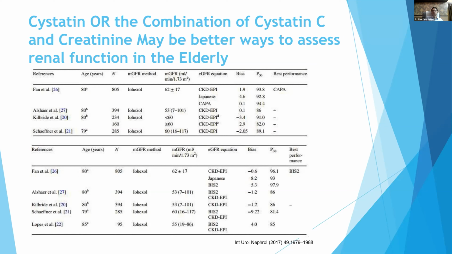So if you can combine the cystatin with the creatinine, probably that will give a better way to assess the renal function in elderly. And already the urine omics has been described. Those are the recent ones which can be thought about. But what is most important is, if you really combine these two parameters, probably you'll be in a better shape to assess the renal function in elderly.